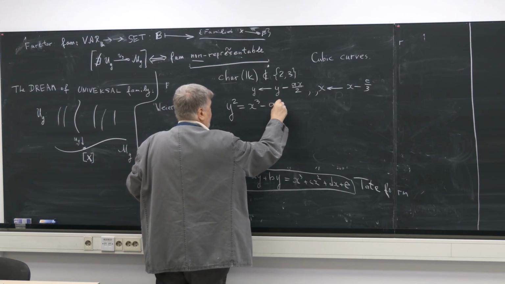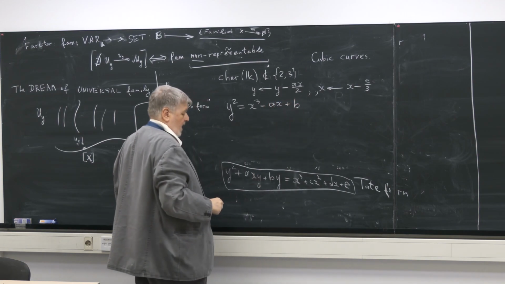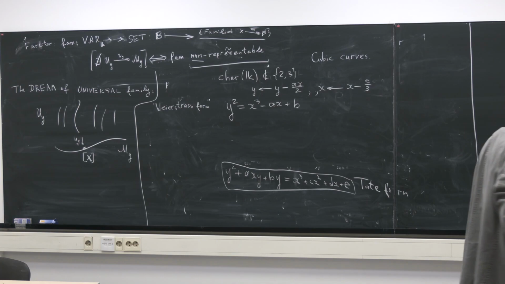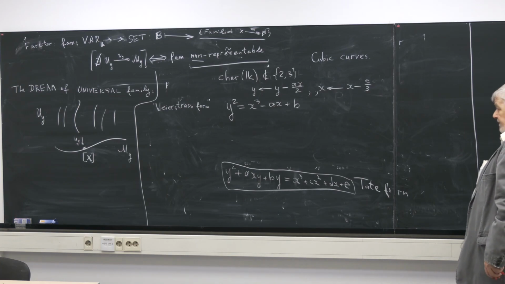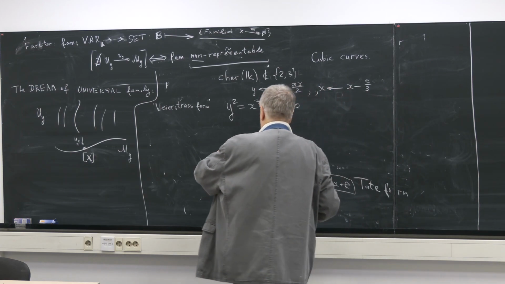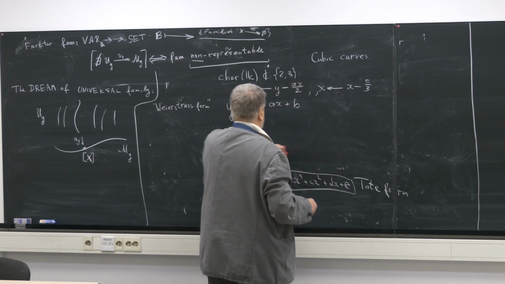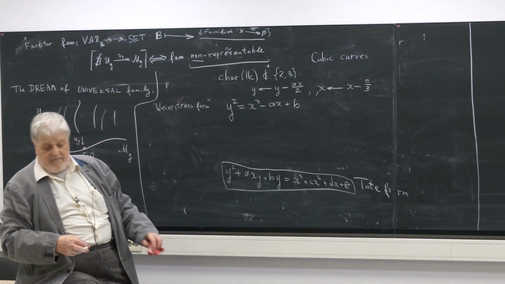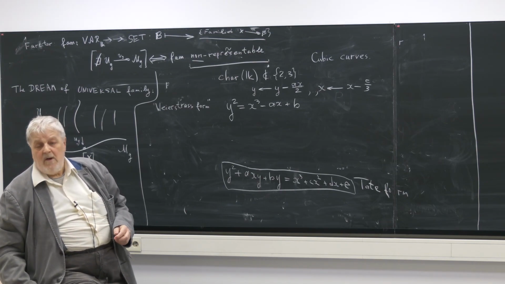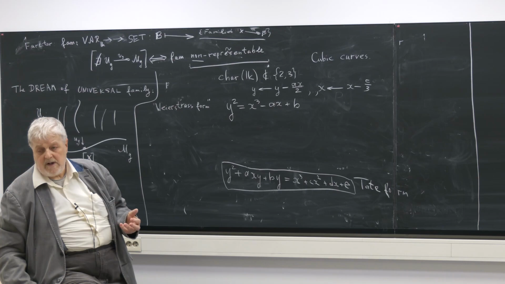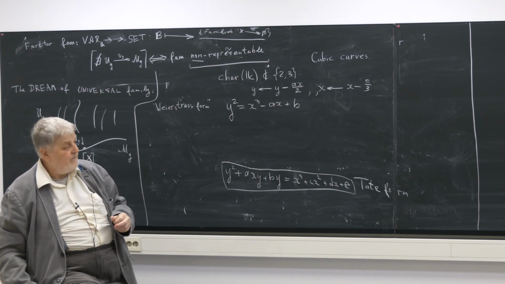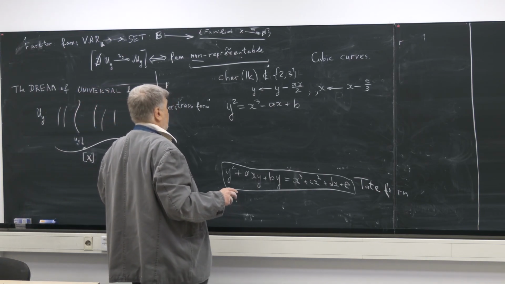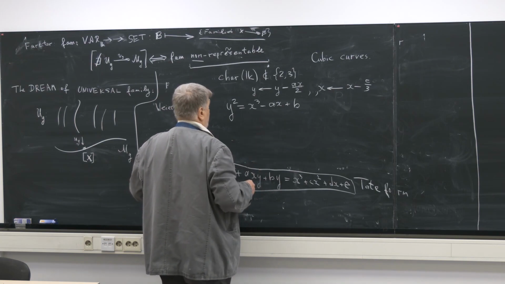Minus ax plus b. And then our moduli problem, or the problem of universal family, arises again, and we ask ourselves, is it possible to make this family depend on only one parameter? Or in other ways, let's see how we can transform it.